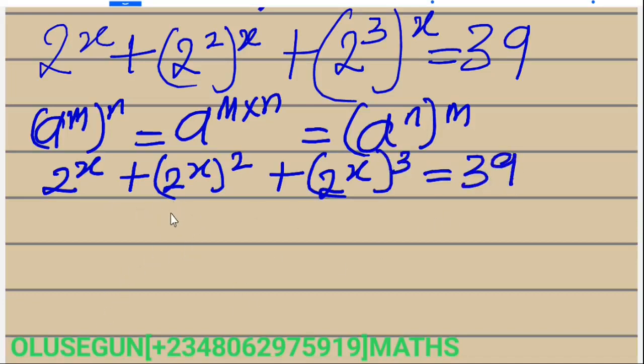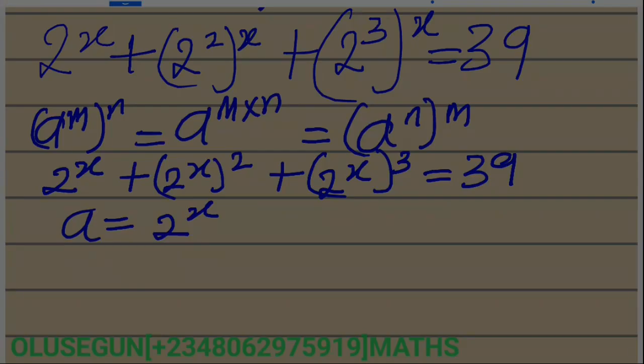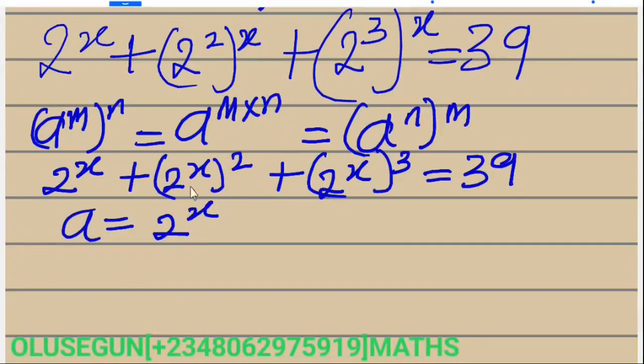Therefore, let's make a the subject of the formula to say a is equal to 2 raised to power x. So a is equal to 2 raised to power x. Let's now substitute the value of a.